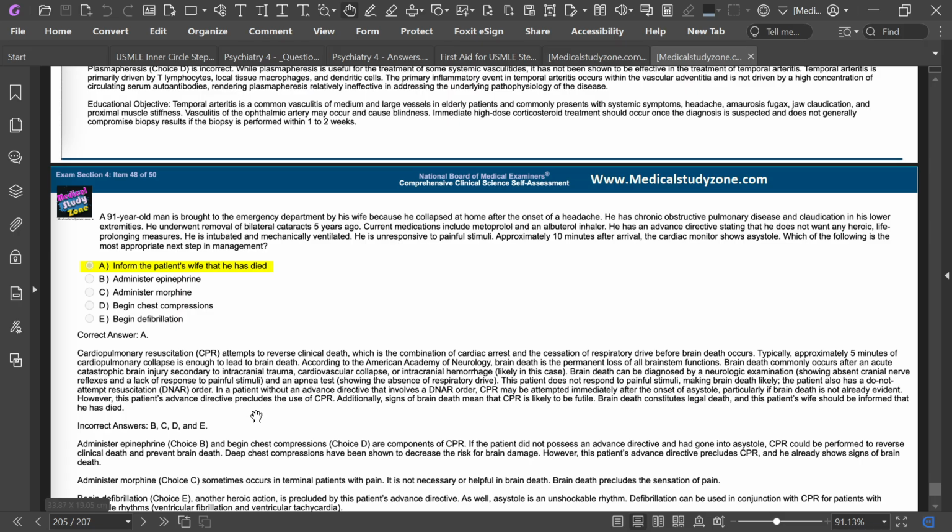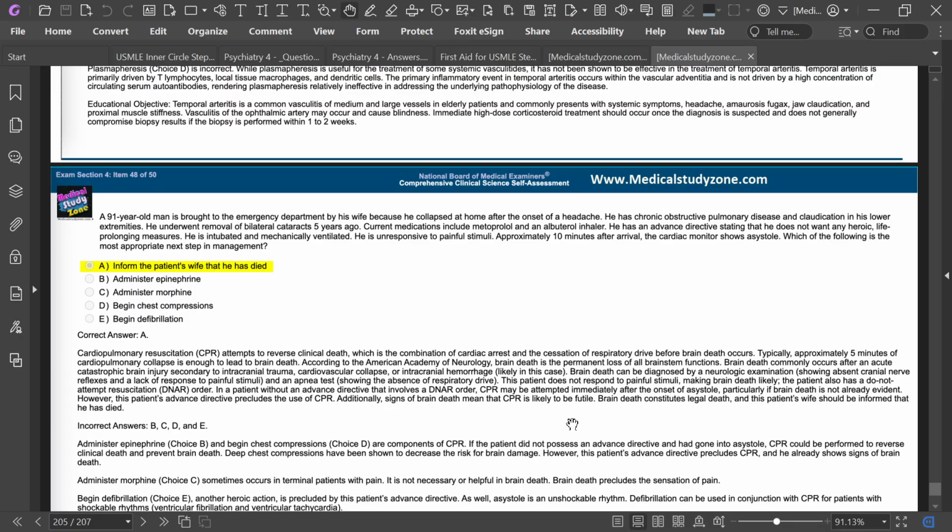However, this patient's advance directive precludes the use of CPR. Signs of brain death mean that CPR is likely to be futile. Brain death constitutes legal death, and this patient's wife should be informed that he has died.